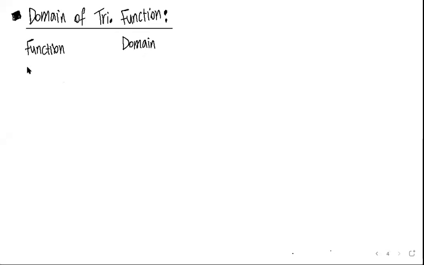So the functions are the sine function and cosine function, the tan function and secant, the cotan and cosecant.